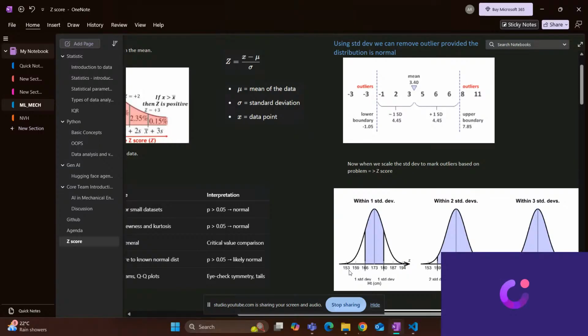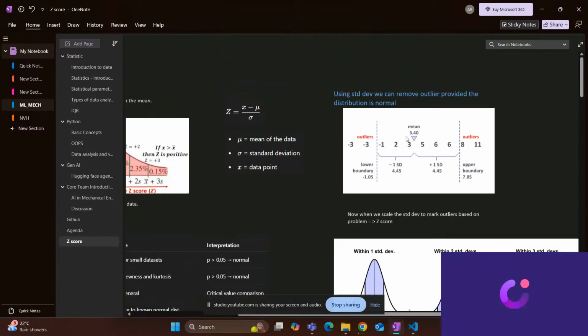Now if you see, this is not normalized. When we say 1 standard deviation, 2, 3, the values here may be diameter values or shaft values in mechanical examples, but they are not standardized, even though we identify the mean value, in this case 3.4, and take the standard deviation from that.